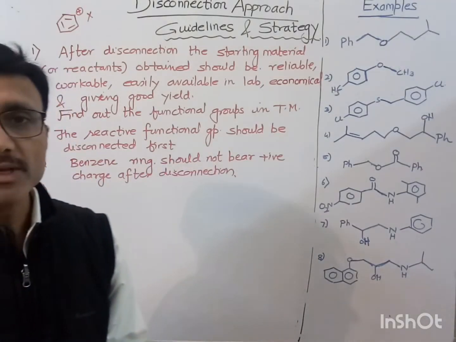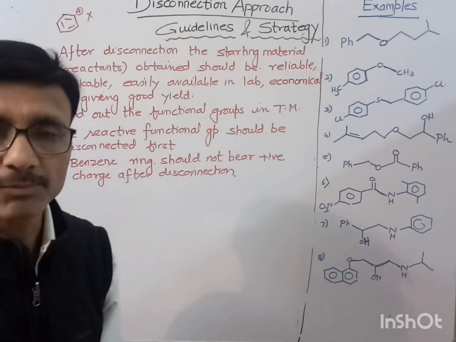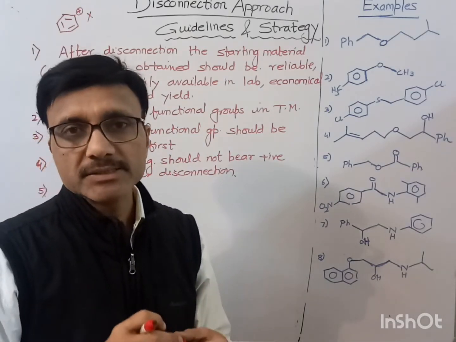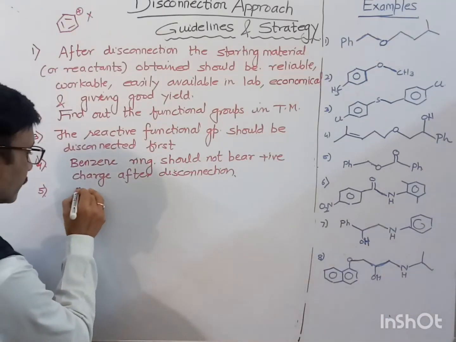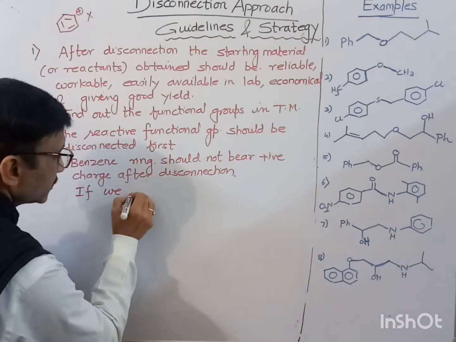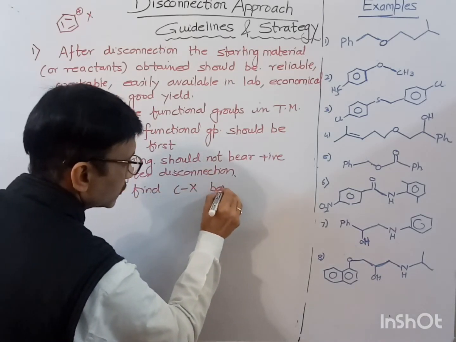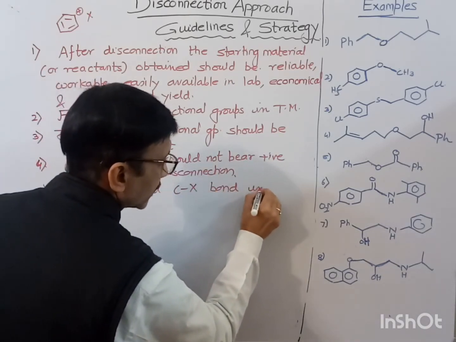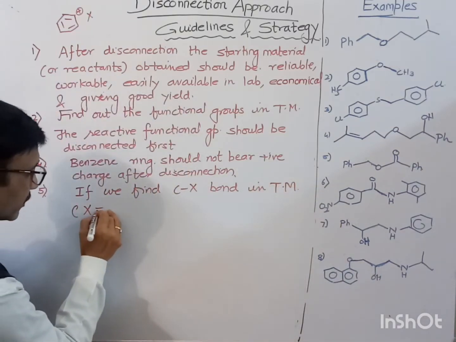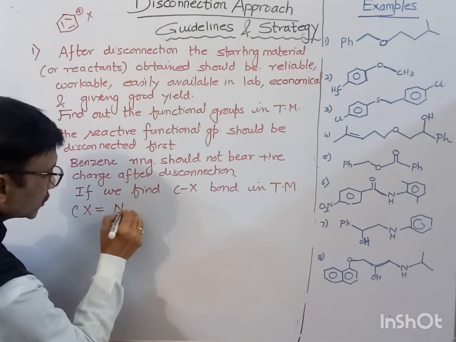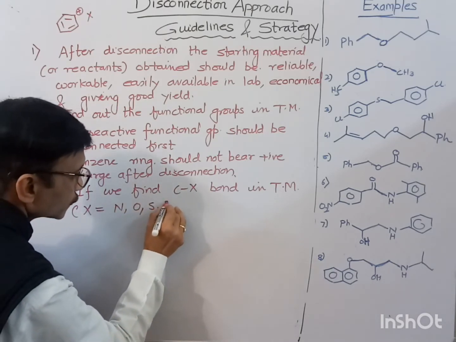Now, if you see a C-X bond in a target molecule, then that C-X bond should be disconnected. Here this X may be nitrogen, oxygen, sulfur, phosphorus, any heteroatom.